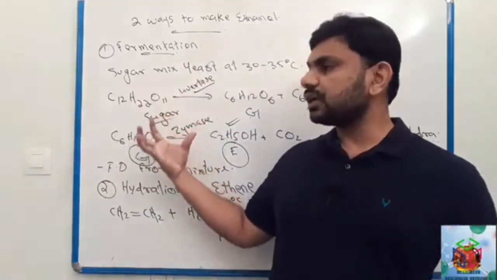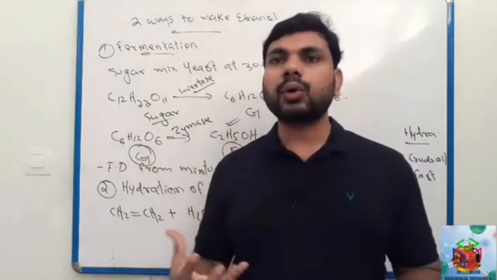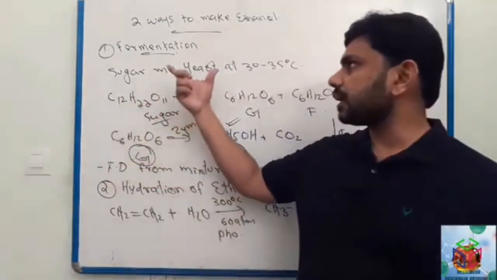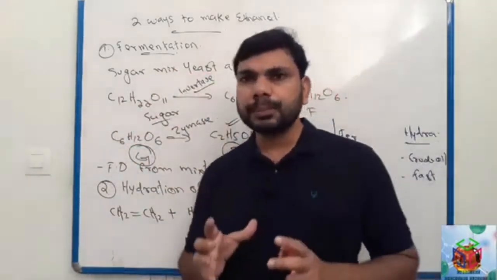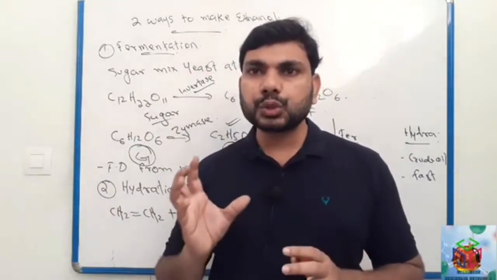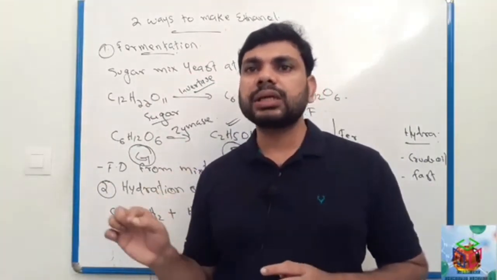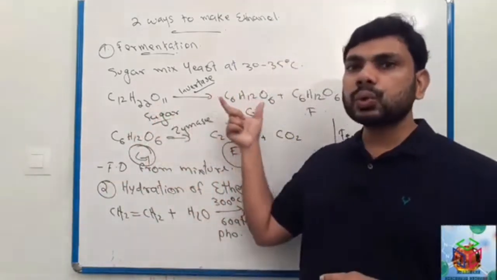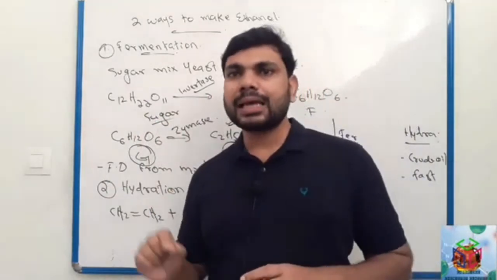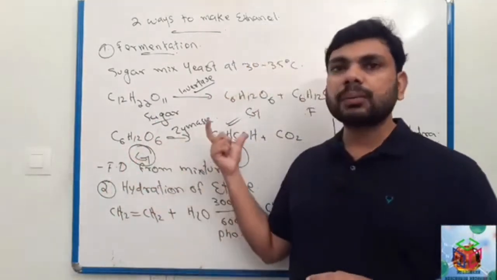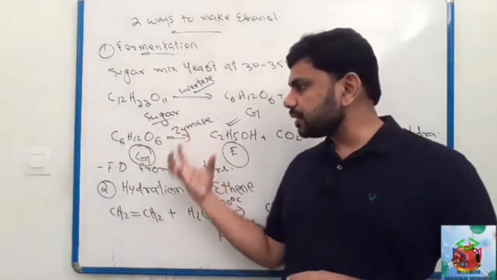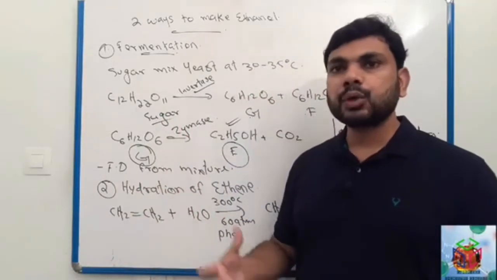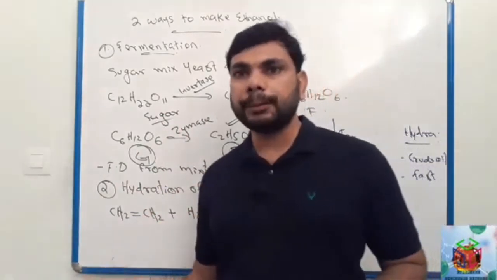So from this mixture we obtain pure alcohol by fractional distillation. So fermentation means we keep sugar with yeast at 30 to 35 degrees Celsius. Invertase helps to convert sugar to glucose and fructose. Zymase helps to convert glucose to carbon dioxide and ethanol.